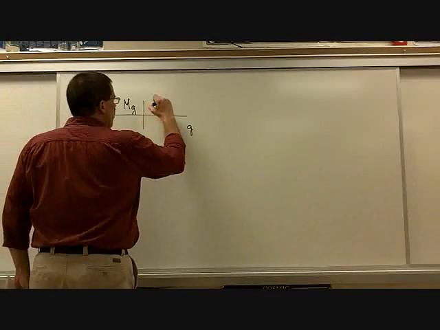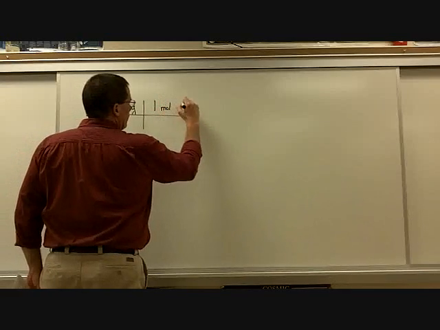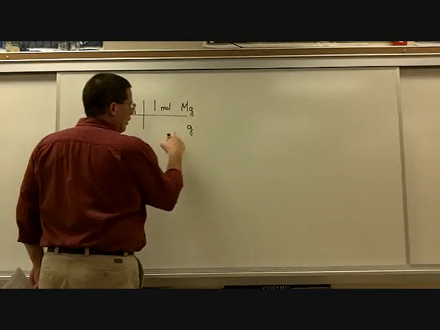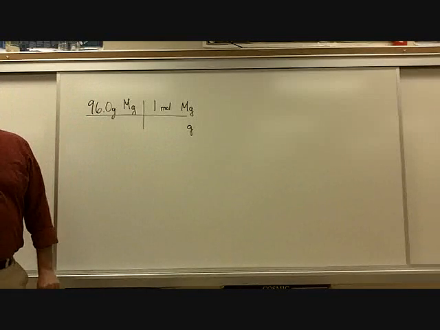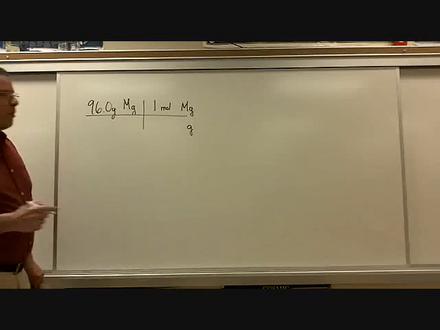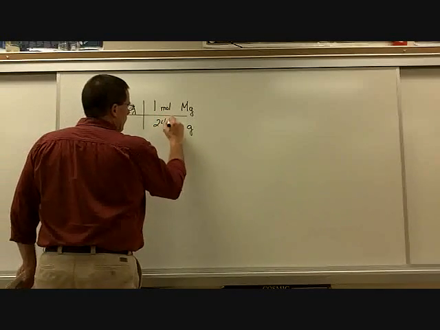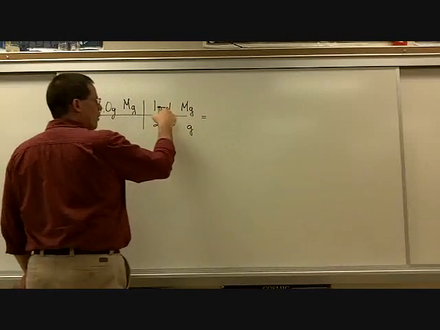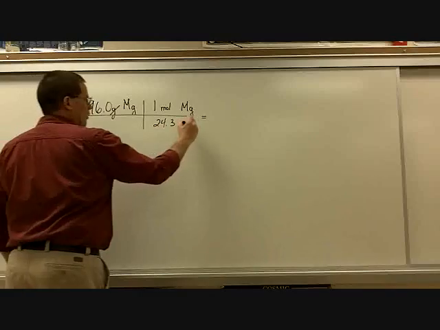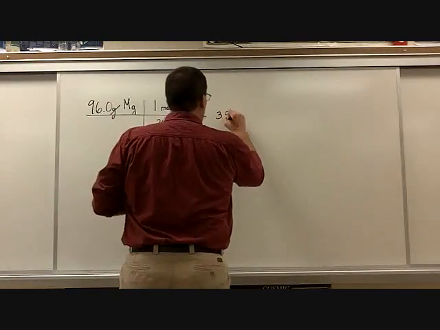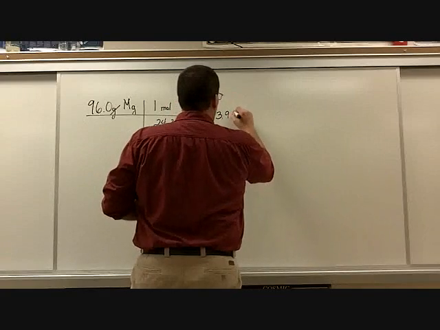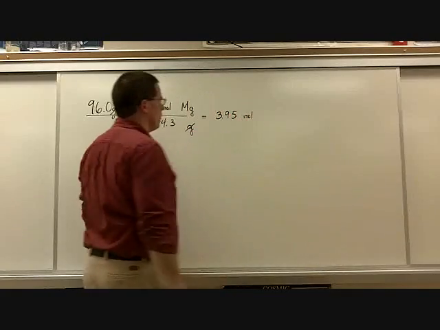So we're looking for the number of moles of magnesium. What number do you think goes here? 24.3. Where'd you get that? From the periodic table. Good. And then since that's the unit we're looking for, grams will cancel out. And whatever that value is. 3.95. There you go. And that is moles of magnesium.